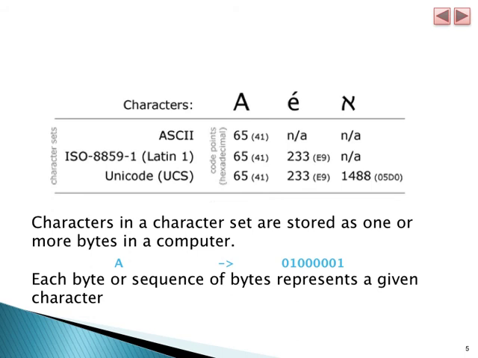But the issue that came up was that only half of the table was properly defined. And then country by country, people used the other half to do what they wanted. Now that wasn't a problem. If you had a French computer system and you had all your computers connected together in a company, that wasn't such a big deal, as long as they all agreed on what the mapping of bits to characters was.